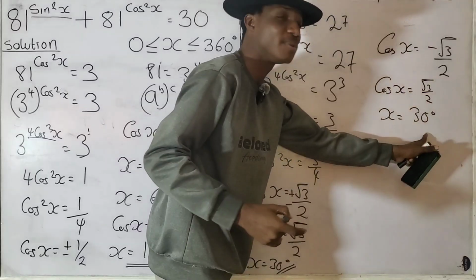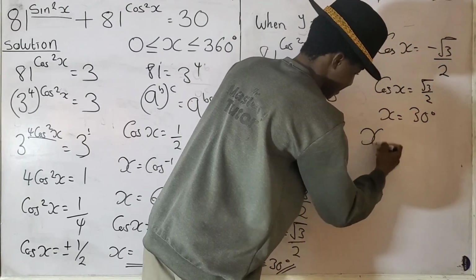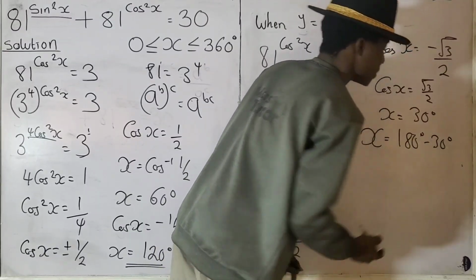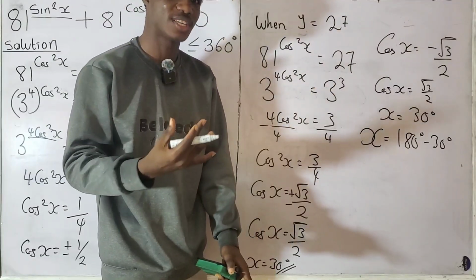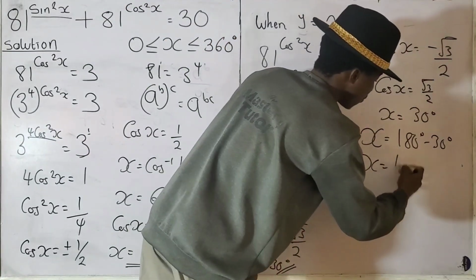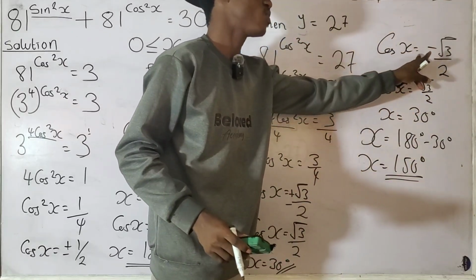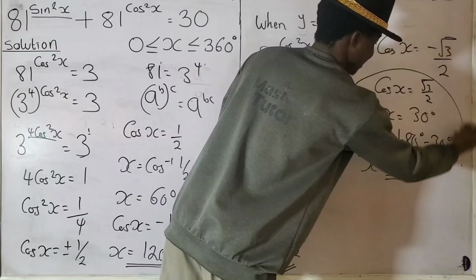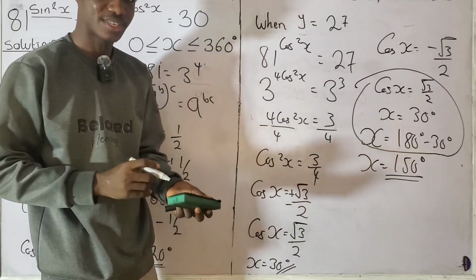Now, our reference angle will be 30 degrees. We're going to have x will be equal to 180 degrees minus 30 degrees, because cos is negative in the second quadrant, you understand? So x will be equal to 150 degrees. That will be the value of x for negative root 3 over 2. If you want to learn more on this, you can visit our playlist on trigonometry, okay?